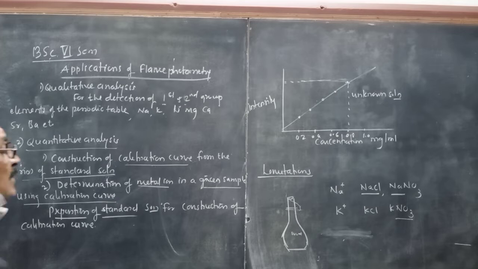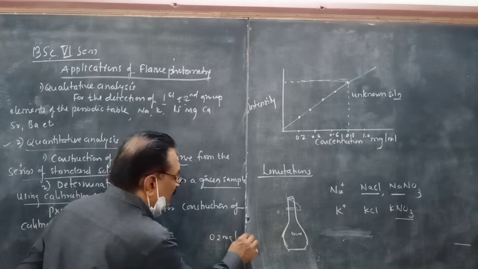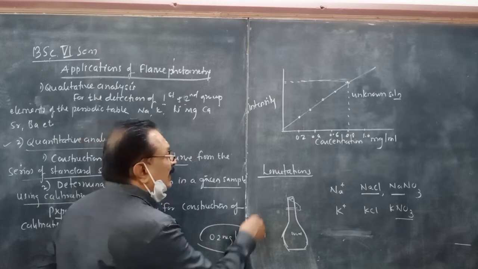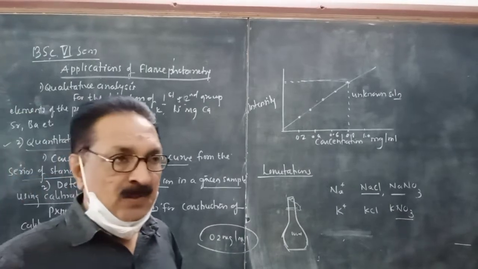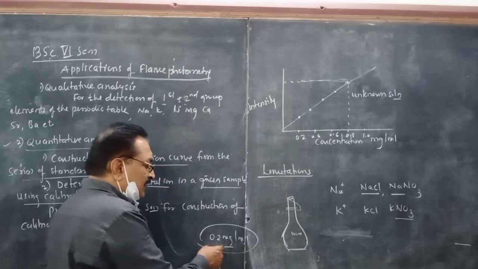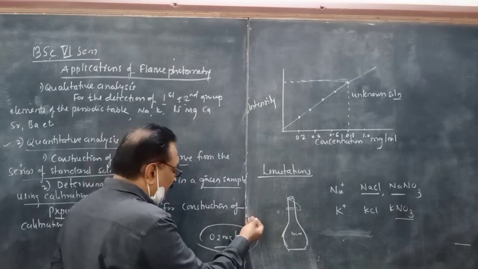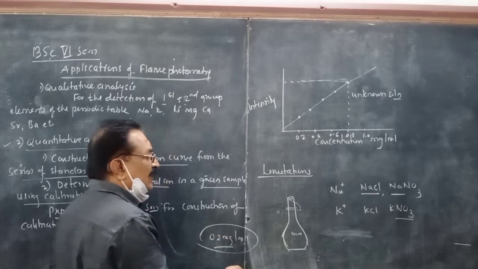Then each of the standard solutions is ejected into the flame photometer. We can take first the 0.2 milligram per ml solution and allow it to spray into the flame. What happens here? The solvent gets evaporated, and the residual compound is left.